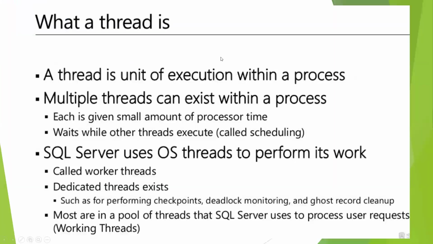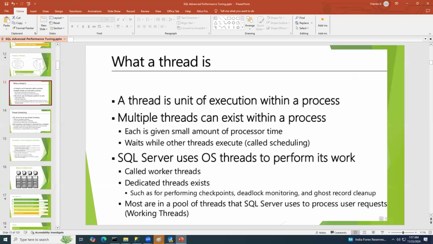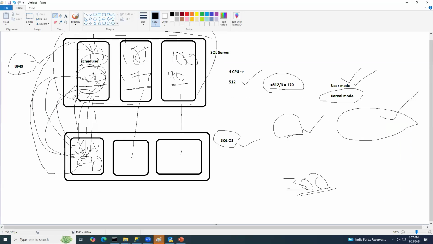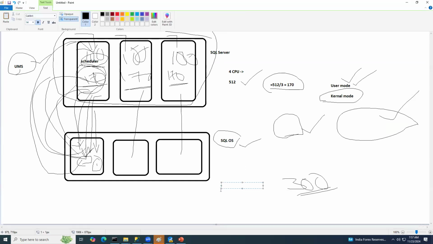Okay. Now, along with these threads I was talking about, so far I was talking about the tasks that users create, right? There are some threads for your dedicated workload.